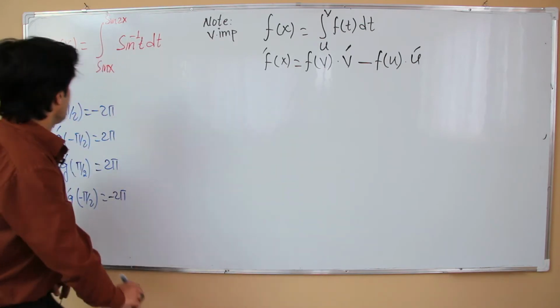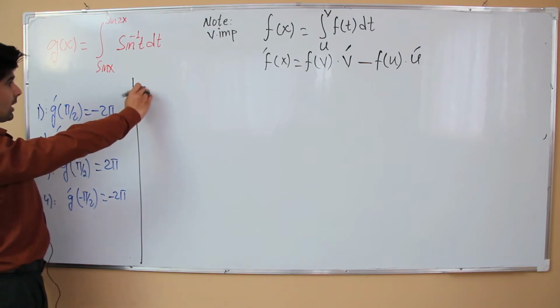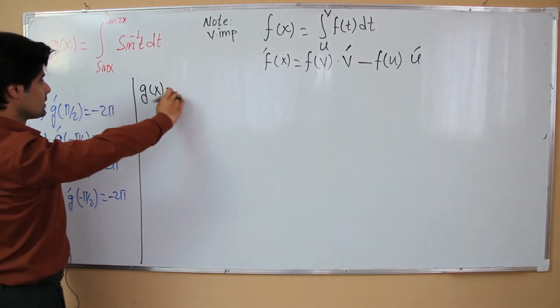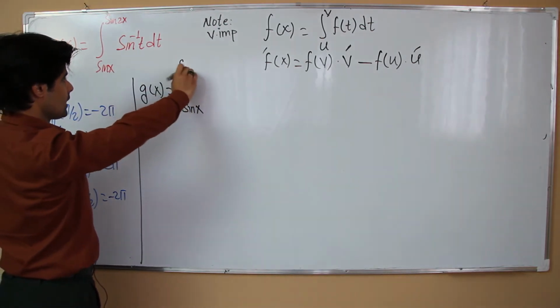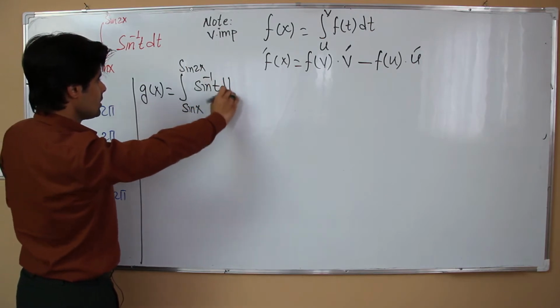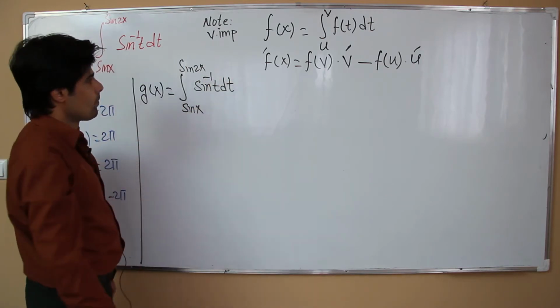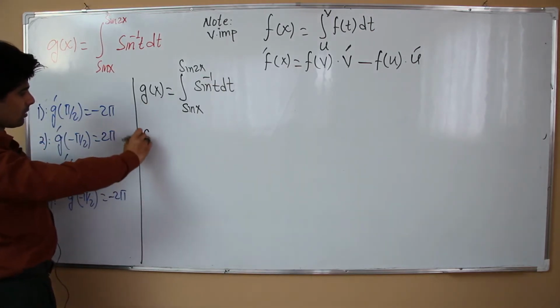Now, what is the question? The question is g(x) is equal to the integral from sine x up to sine 2x of sine inverse of t dt. Now, the question is the derivative of this function.